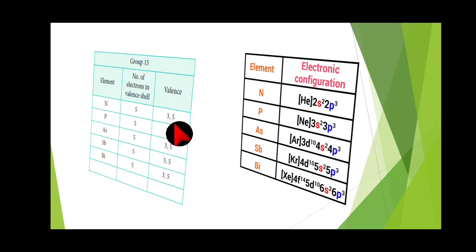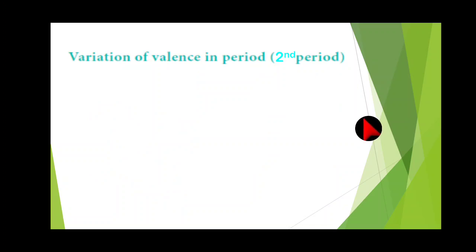That's why 3 and 5 are given. Then phosphorus chloride: PCl3 is possible and PCl5 is also possible.